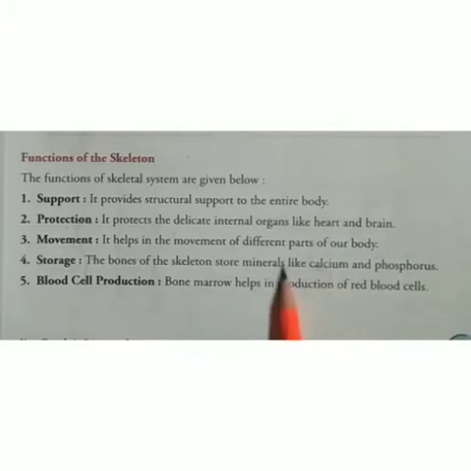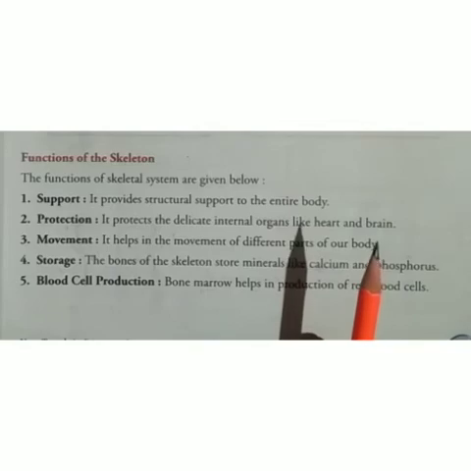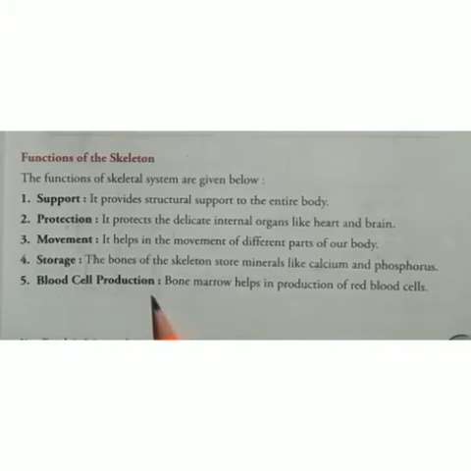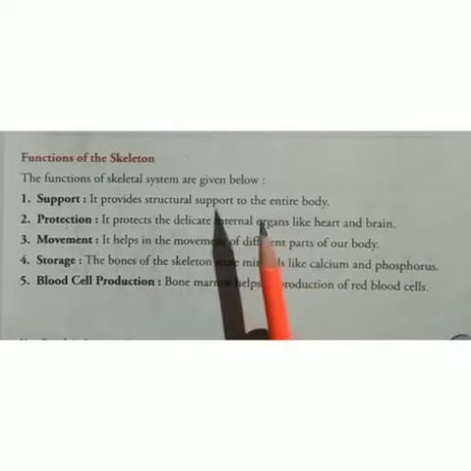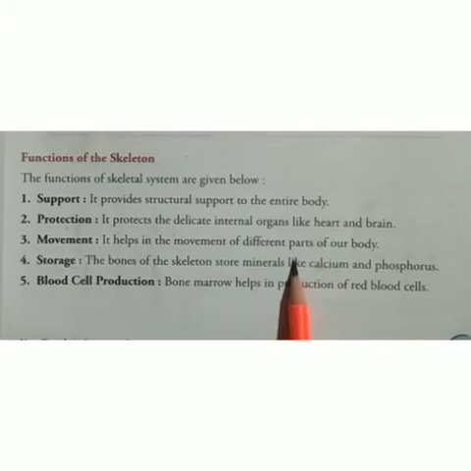That's why children are always advised to drink milk daily. Why? Because milk is a good source of calcium. Then comes blood cell production. You know RBC, red blood cells. RBCs carry oxygen. These RBCs are produced in the bone marrow of the long bones. These are the functions of the skeletal system.